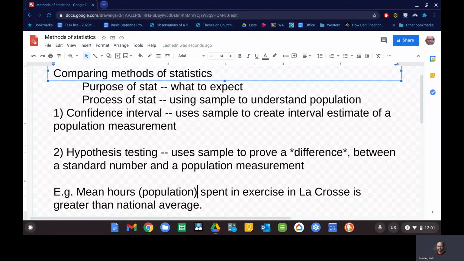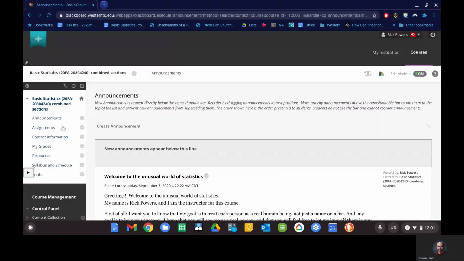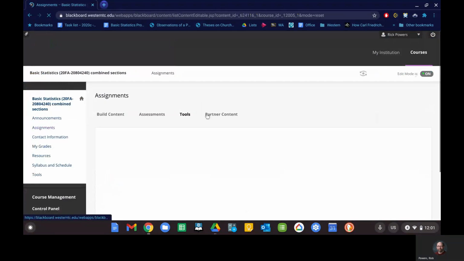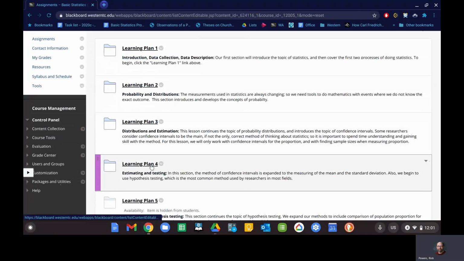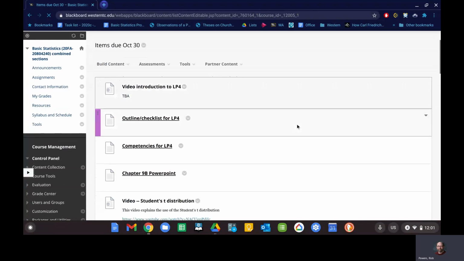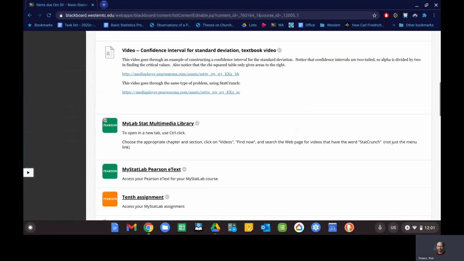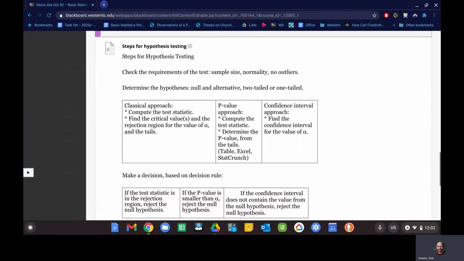Now, as it turns out, hypothesis testing is pretty complicated. There are a lot of intermediate steps that are involved. And specifically, if I go out to Blackboard and I go to the assignments section and I go to learning plan number 4 and I click on something, I'm going to see steps for hypothesis testing.